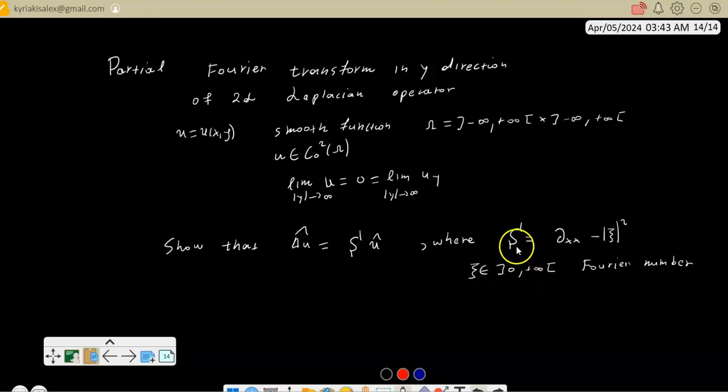So this spectral operator has the second partial derivative with respect to x minus xi squared, and here u is the Fourier transformed quantity. So we have to prove this result.